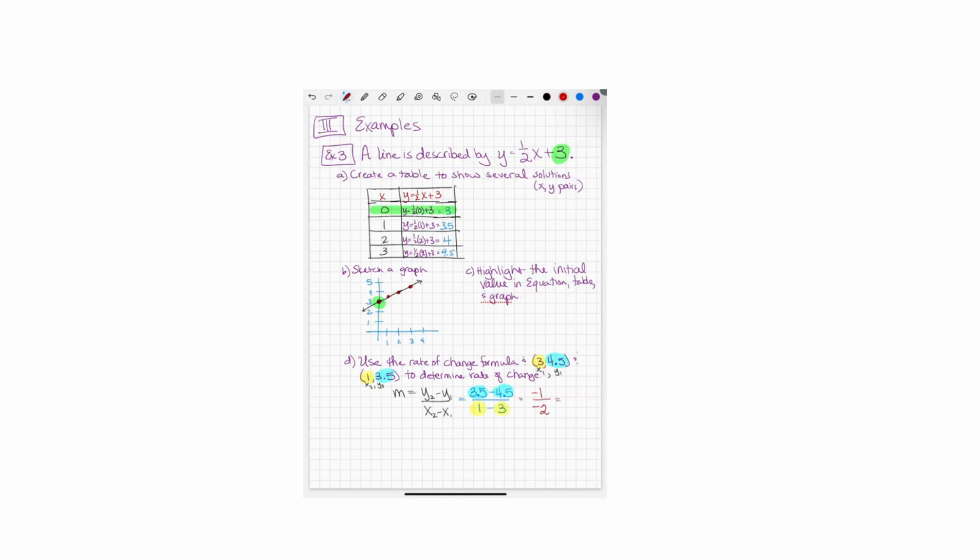Which is technically okay, but it kind of creeps math people out to have a negative number divided by another negative number. They're going to say, oh, negative divided by negative, that'll give me just regular positive 1/2. And at this point, I'm smiling because that is indeed my rate of change number that I expected to get based on my equation.